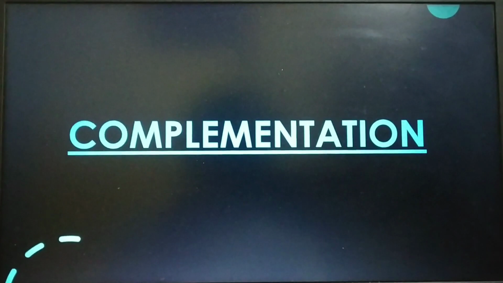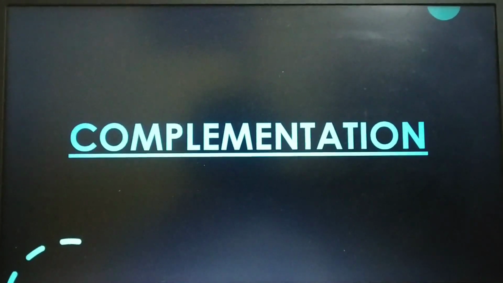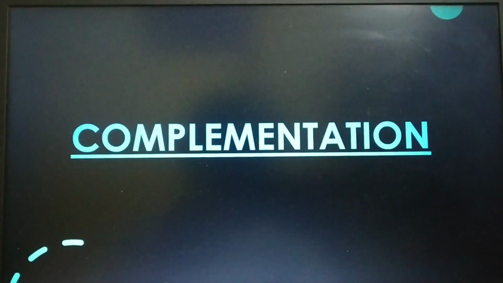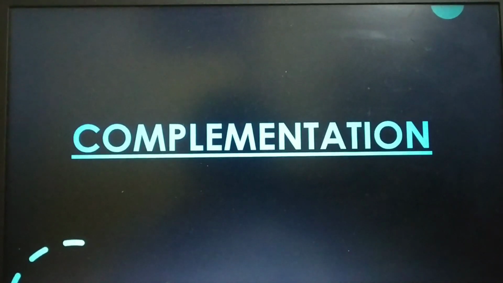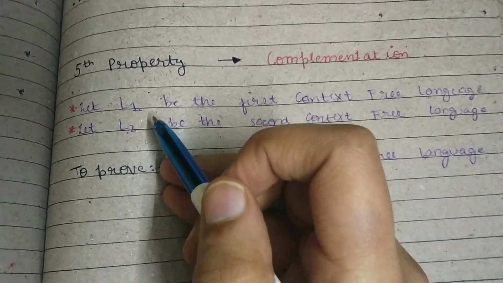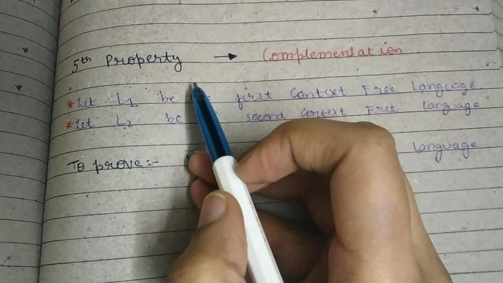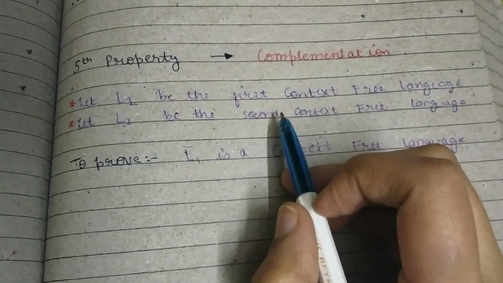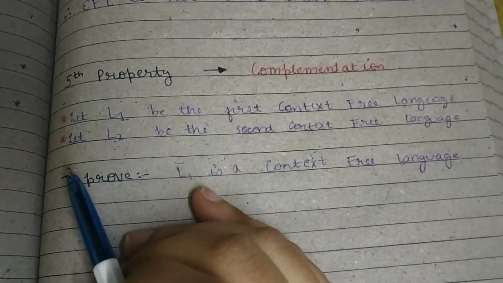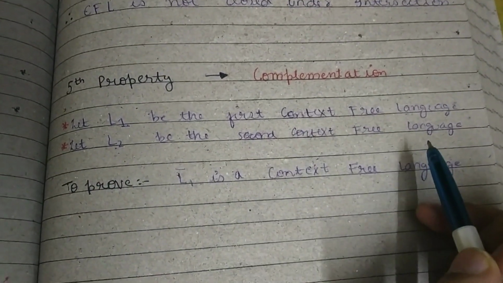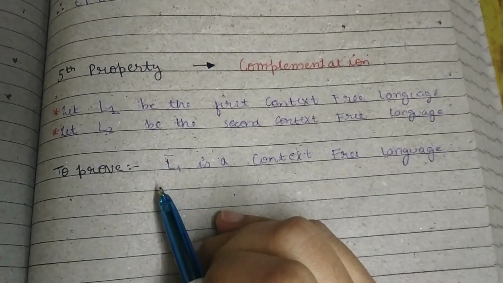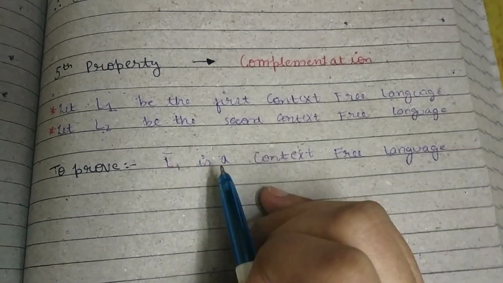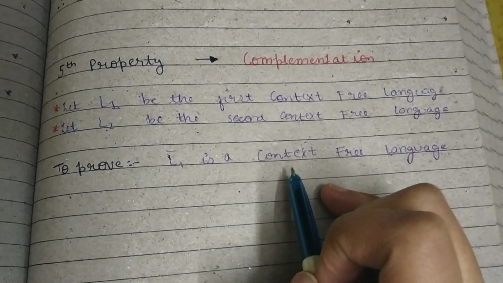Now, let us understand the complementation property under which context-free languages are not closed. Now, let us consider the fifth property, which is complementation. Let L1 be the first context-free language, let L2 be the second context-free language. So we have to prove that L1 complement is also a context-free language.